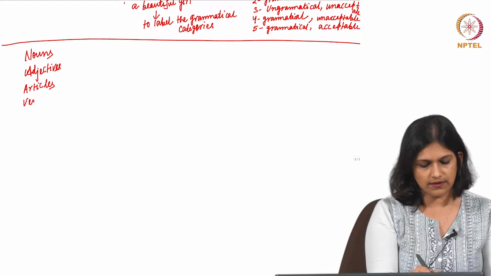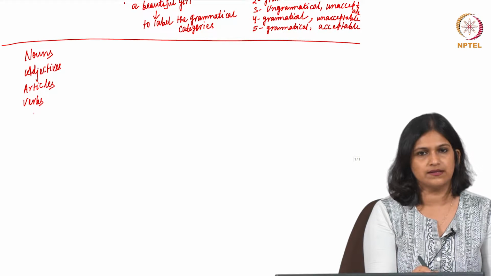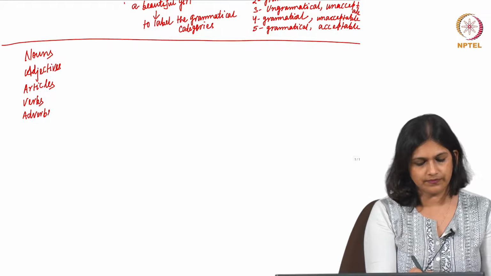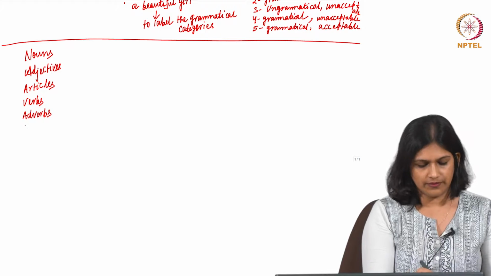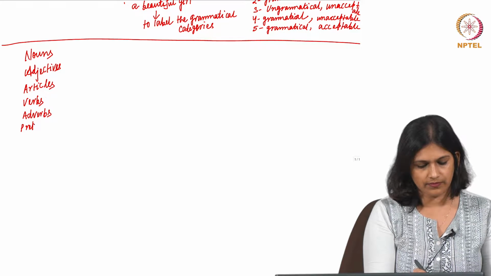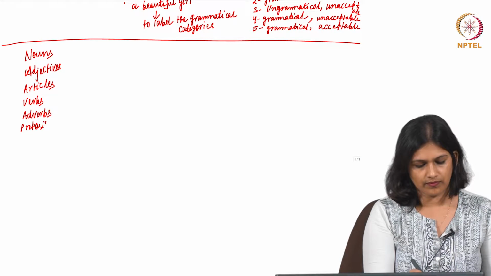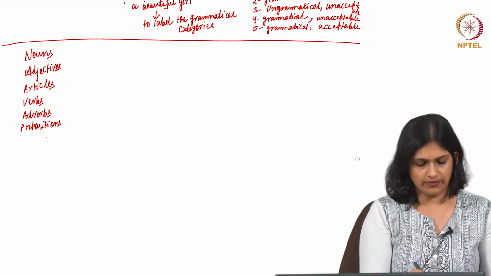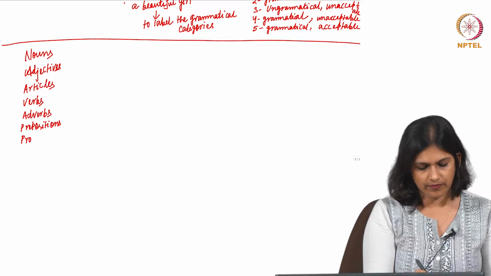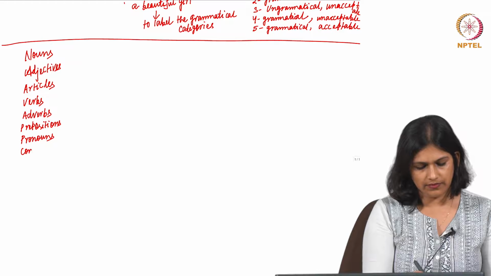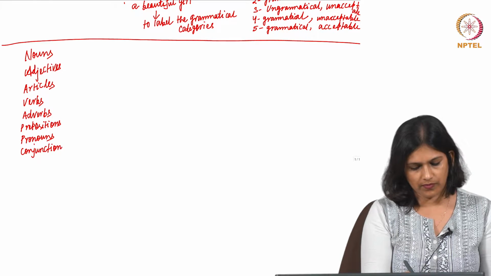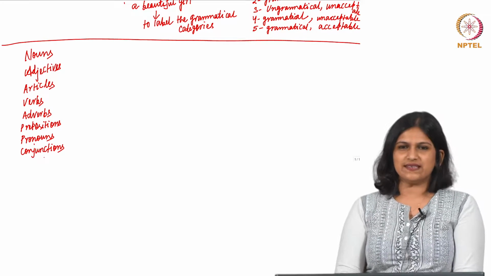So, then the next category is verbs. Further, we have adverbs. Then we have prepositions. And then we have pronouns. And then we have conjunctions.